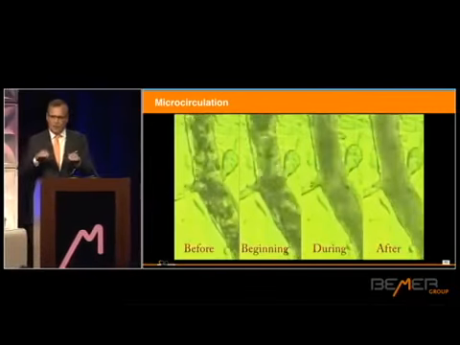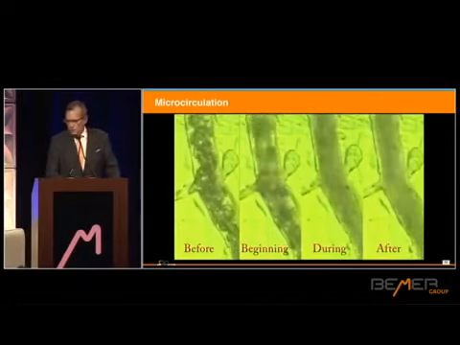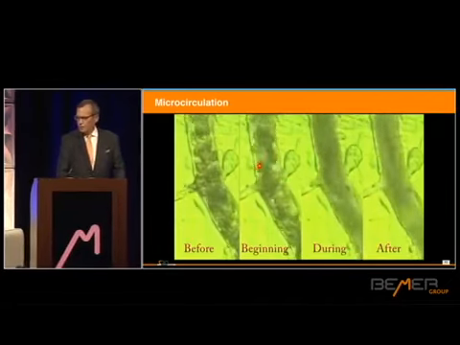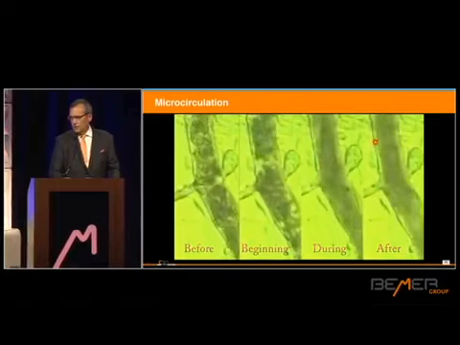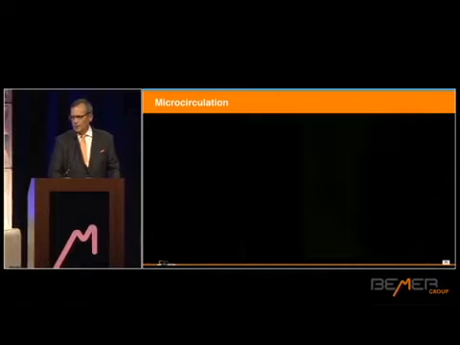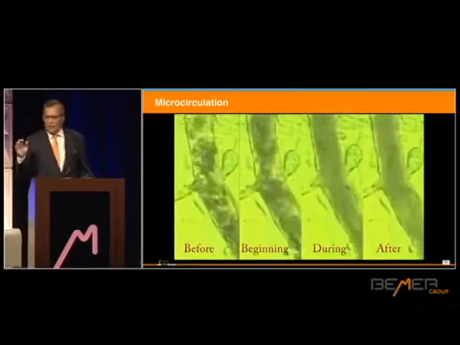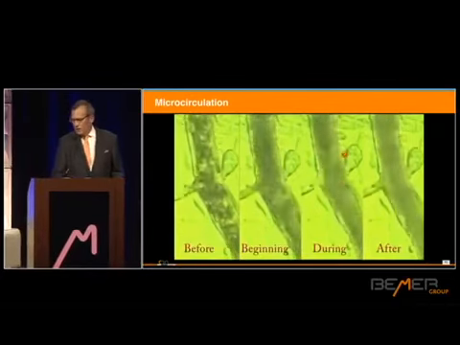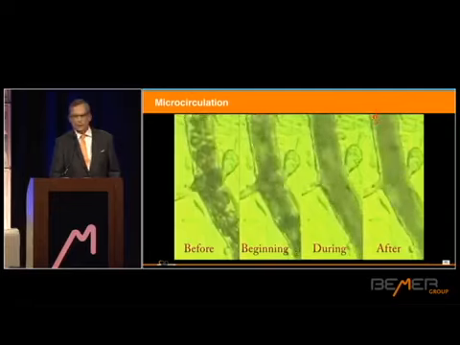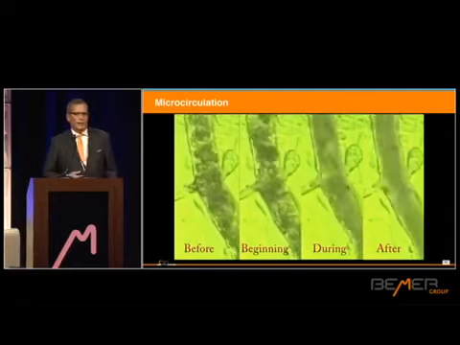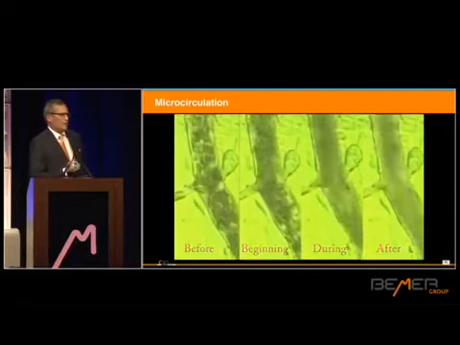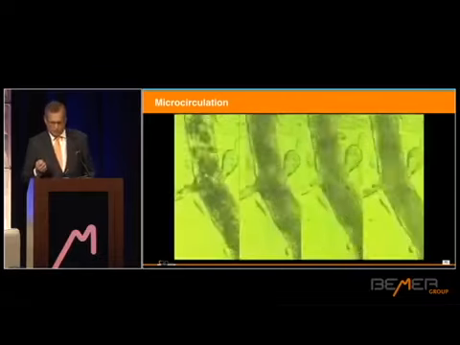Not much is happening here. But as you move left to right, you can see an improvement in the vascular flow of red cells and white cells. This is what our body is designed to do. And that's the connection between the macro circulation and the micro circulation.